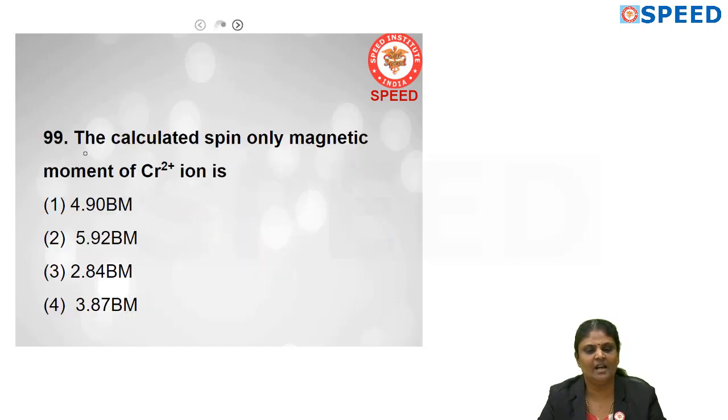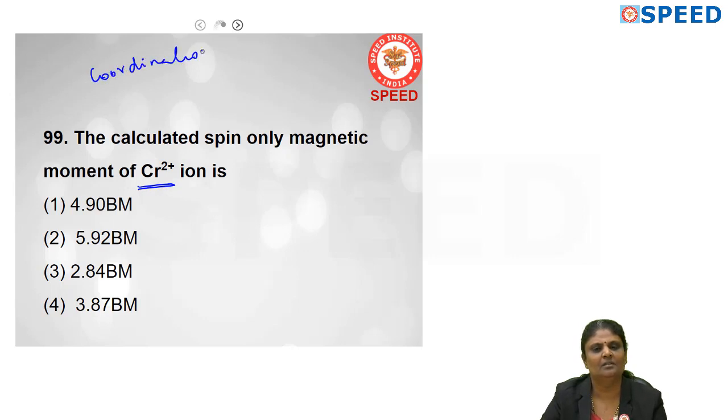Okay, and then the 99th question. The calculated spin only magnetic moment of Cr2+, again this is from coordination chemistry. Here you have to know the atomic structure and electronic configuration of chromium first, and then remove 2 electrons from that chromium.